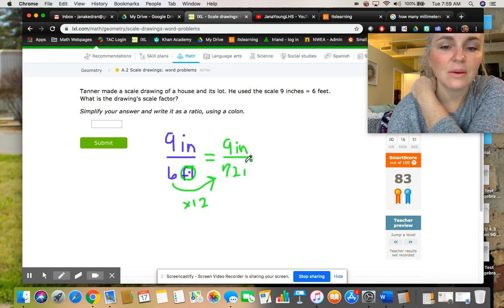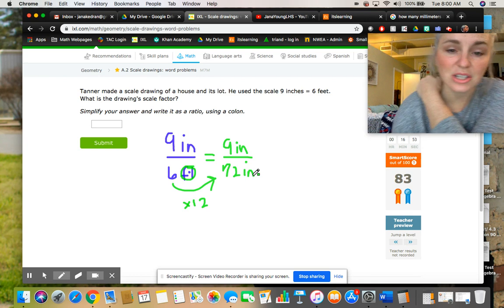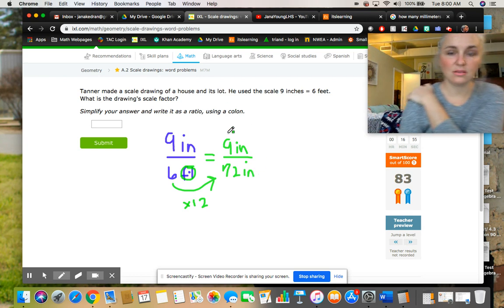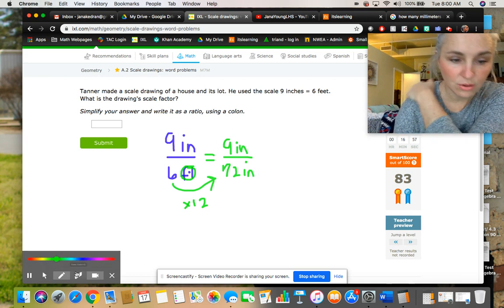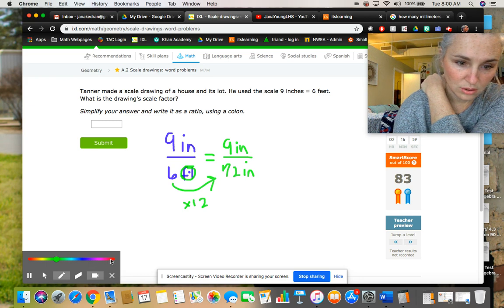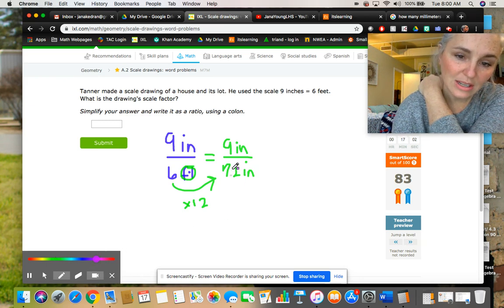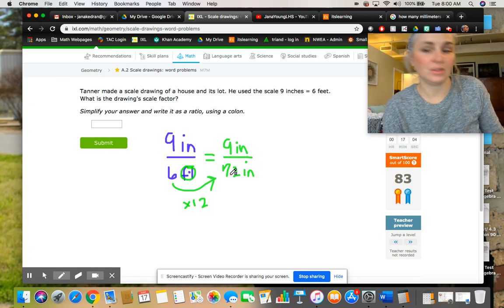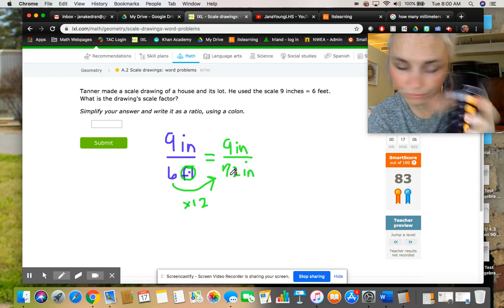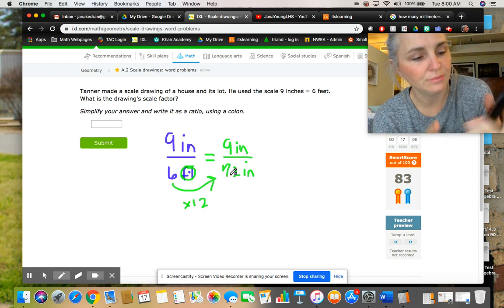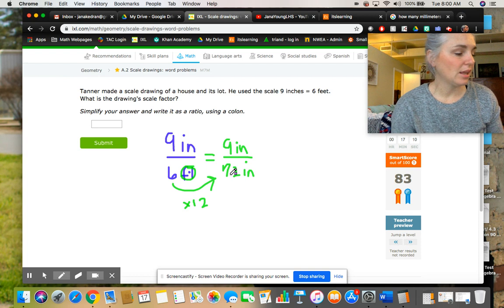Again, I want to reduce the fraction before I type it in. 72 is divisible by 9. 72 divided by 9 is 8.